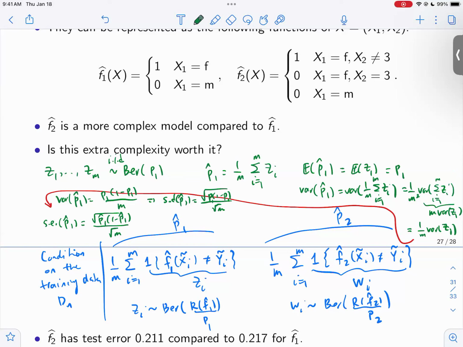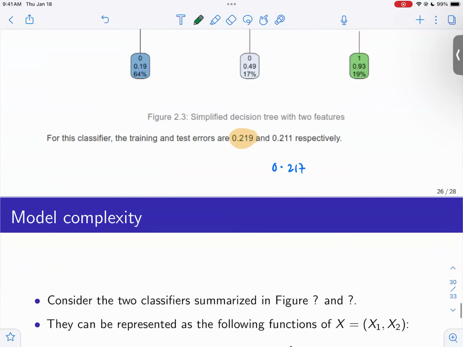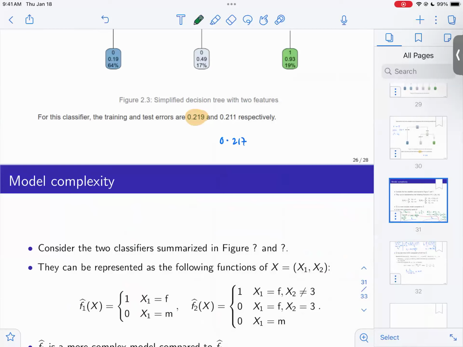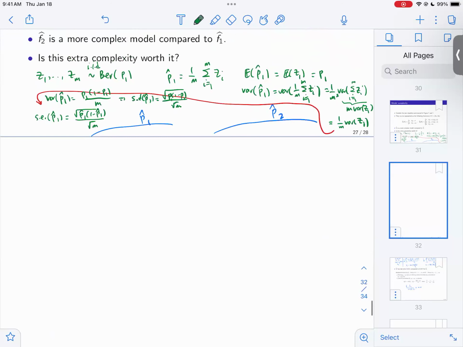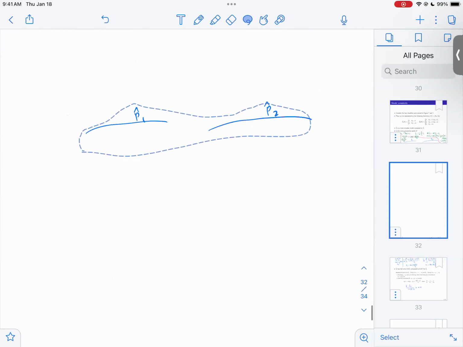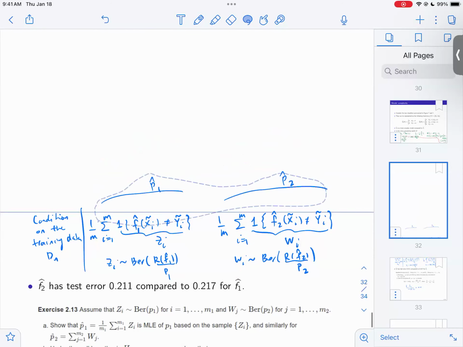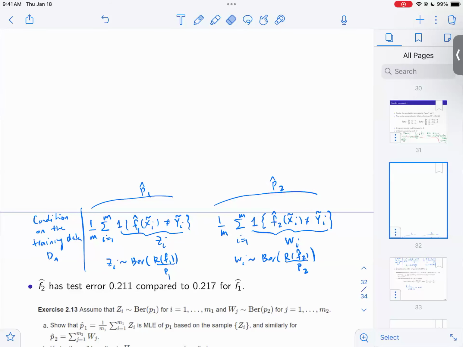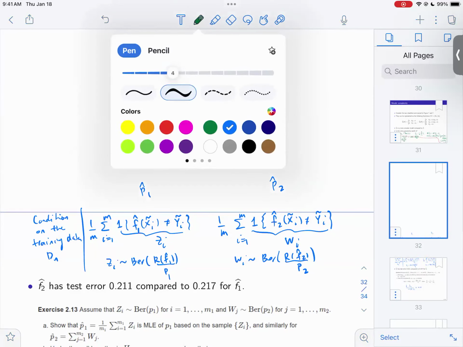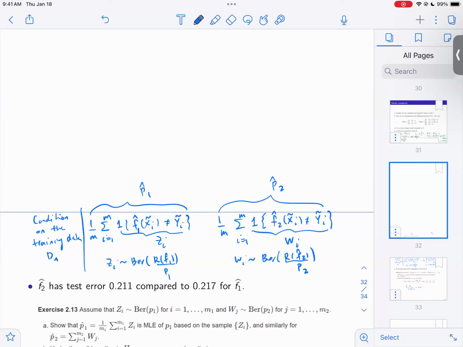So for example, I can compute this. Let's do it here. We had one, which is this entire thing, and two, which is this entire thing.